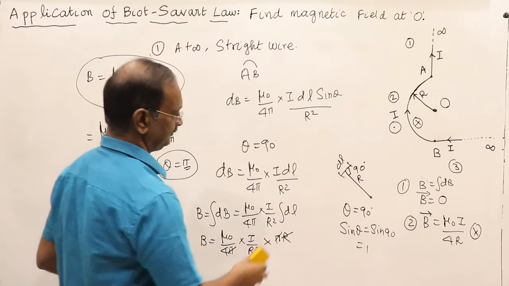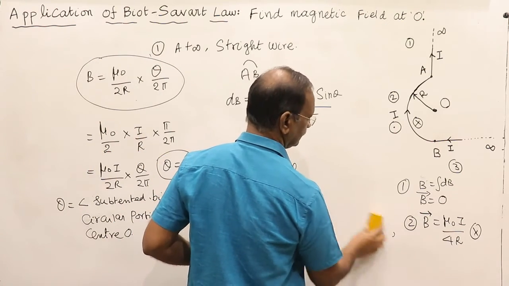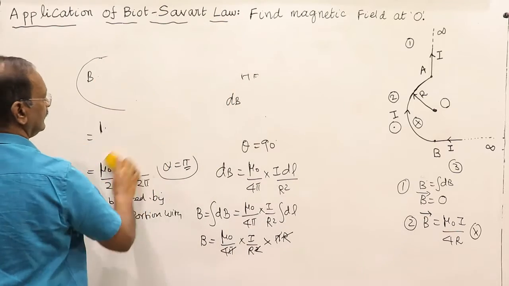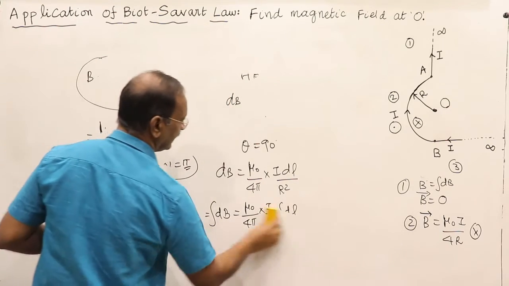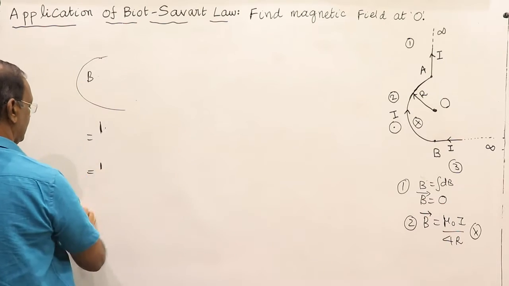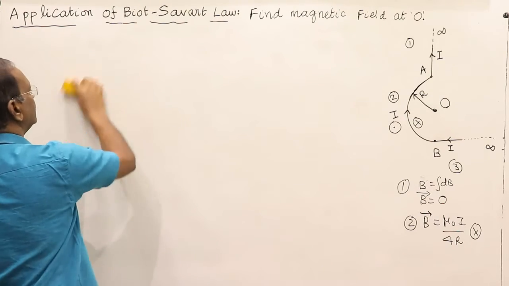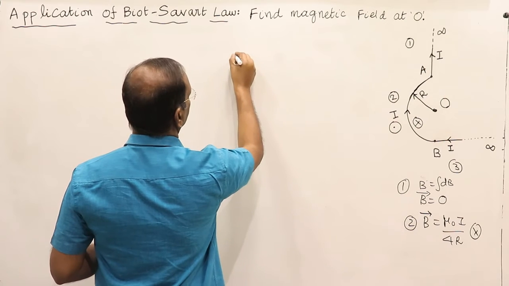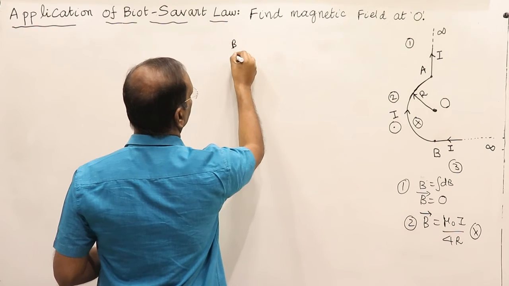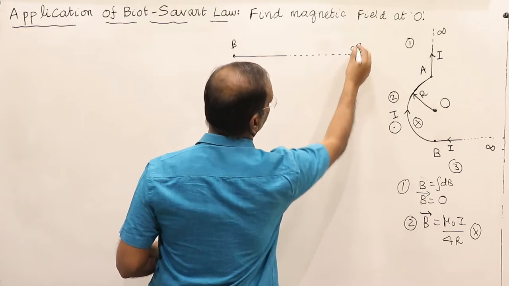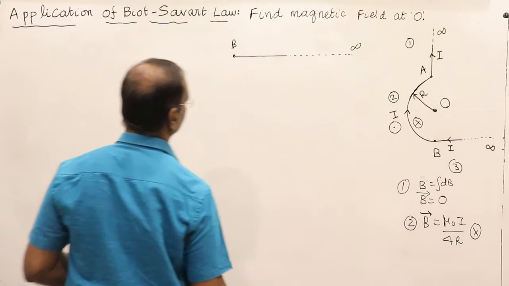The third portion is a straight line, one end starting at B and the other end going to infinity.